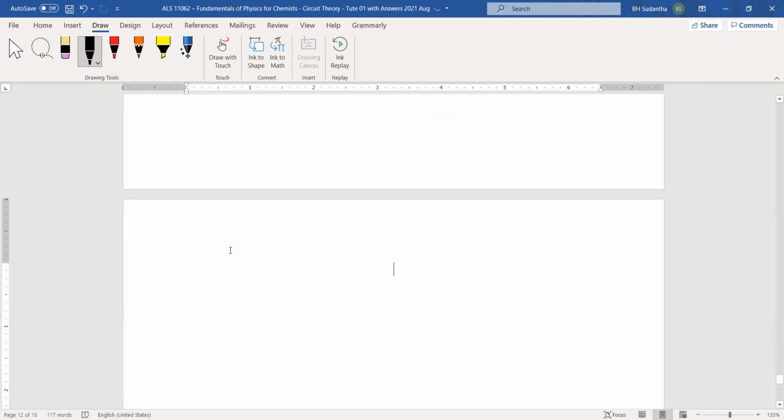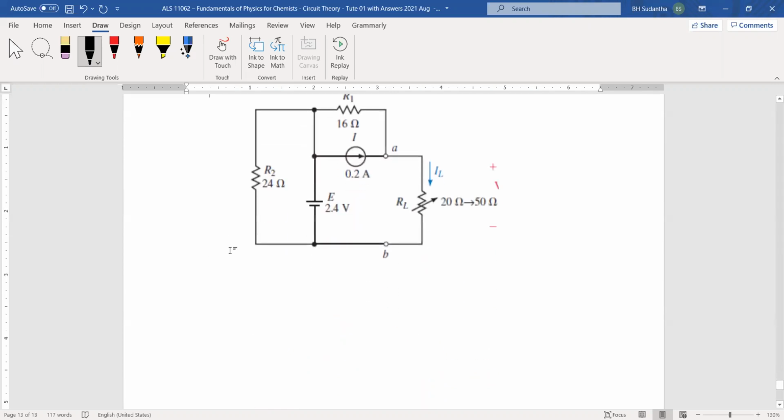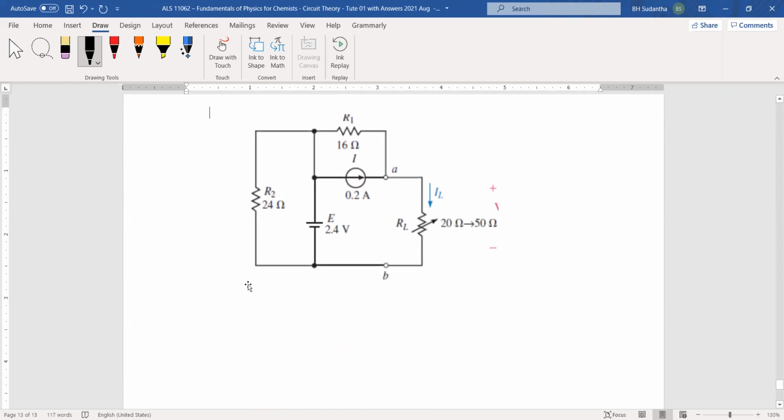Okay, the last question. This is the component we have to remove. It's 20 ohms and 50 ohms, two resistors there. In two occasions, we have to calculate IL. Anyway, we can redraw the circuit.